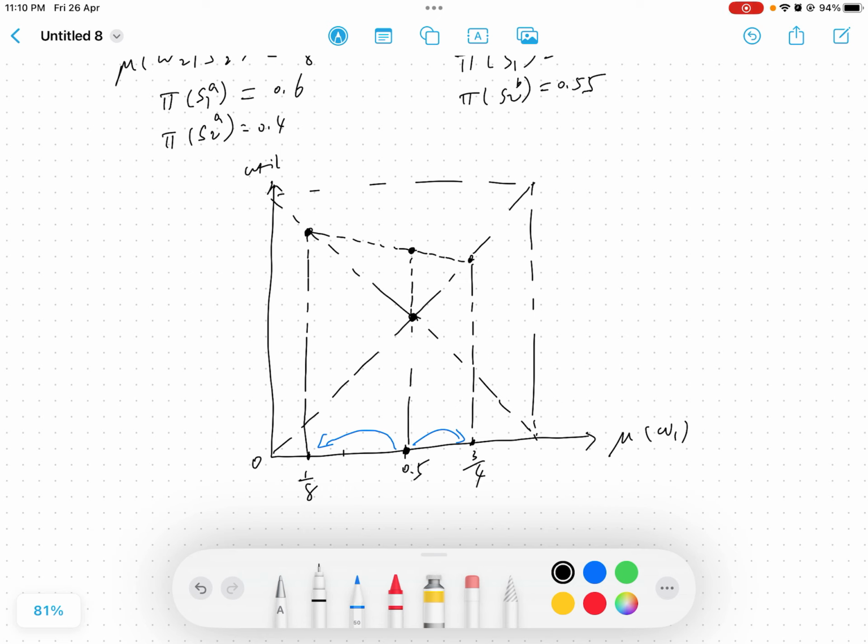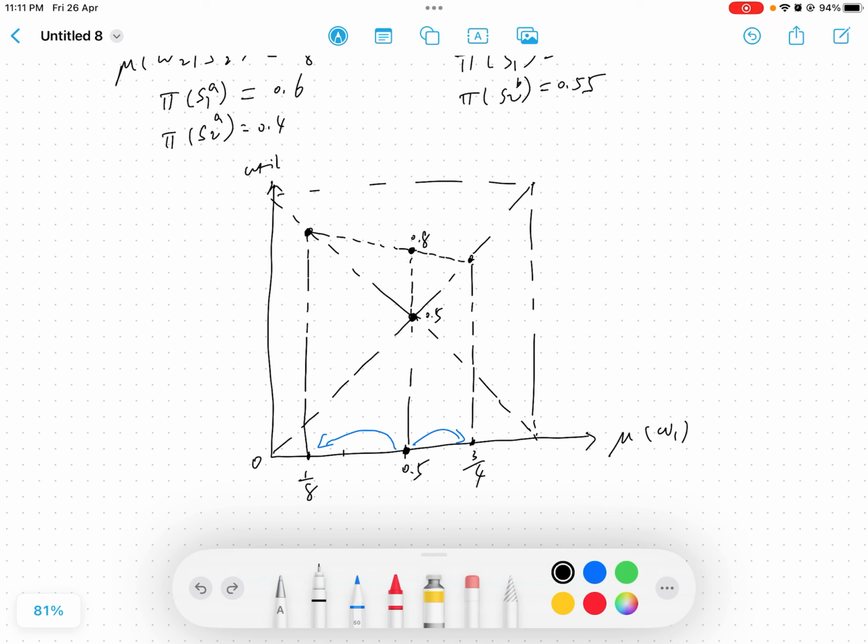This point has a 0.8 expected utility, and originally it was 0.5. So this is the value of the first signal, pi a.